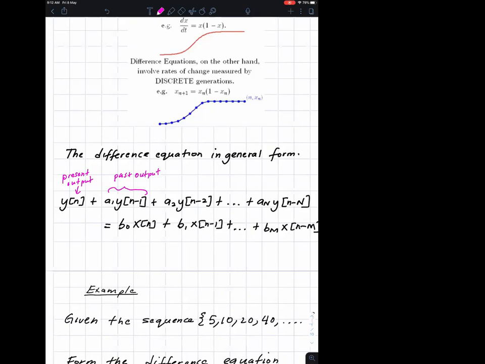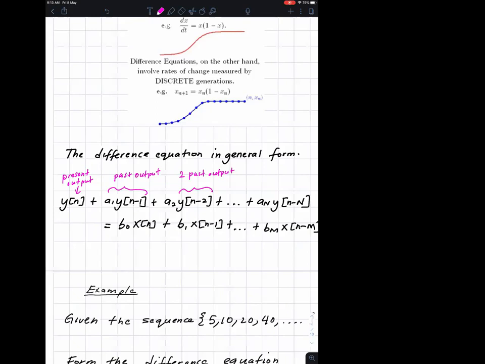And then this one is also a coefficient multiplied by the output two steps in the past. So this is what the difference equation is doing. It's just summing up all these outputs, the output part of it.